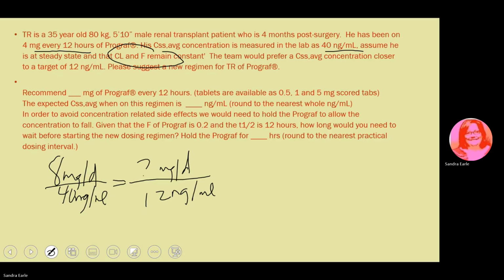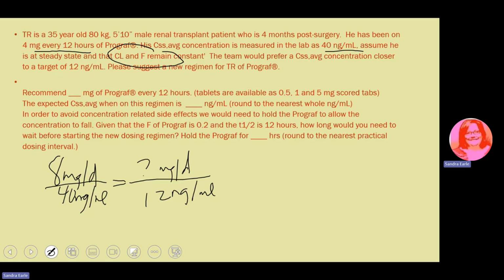I'm gonna get my calculator, sorry. So 12 times 8 divided by 40. He was on 4 milligrams every 12, his concentration is 40, and we want to be at 12.